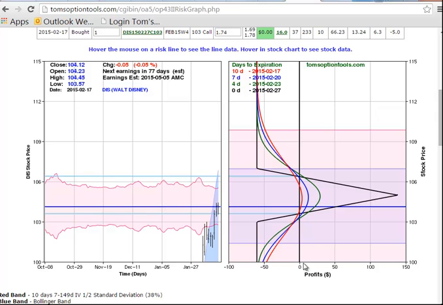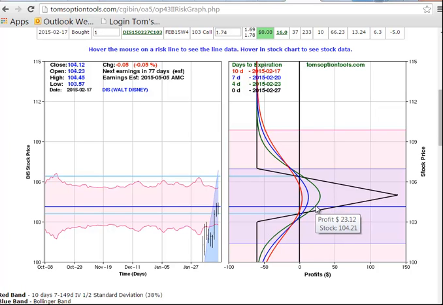As you can see, I am in the profit zone. Now I'm going to need to be in this trade for longer than four days to expiration in order for me, based on stock movement alone, to be able to make money.